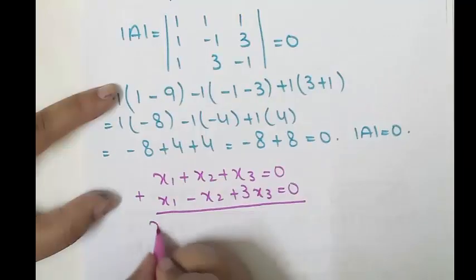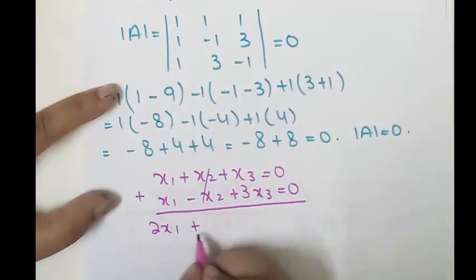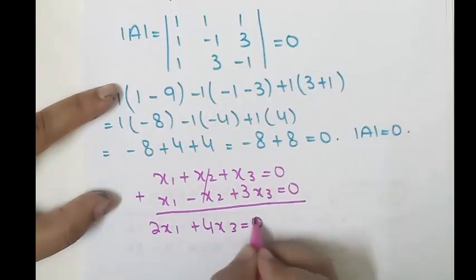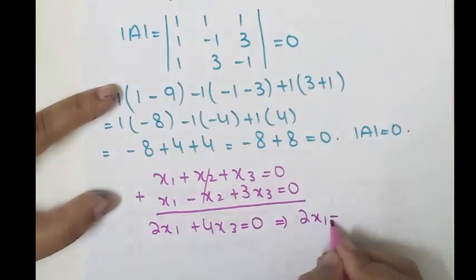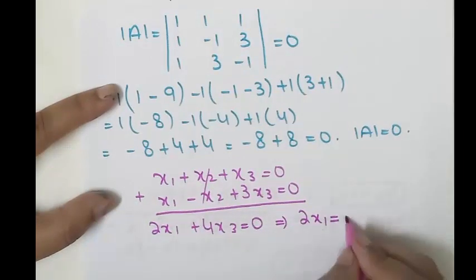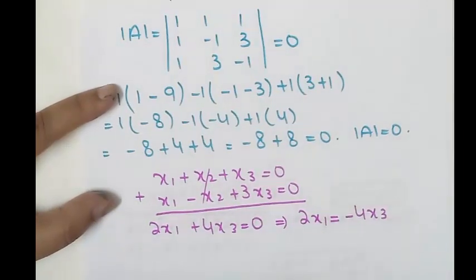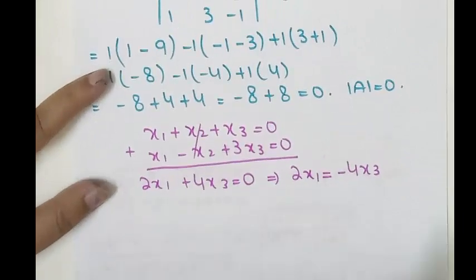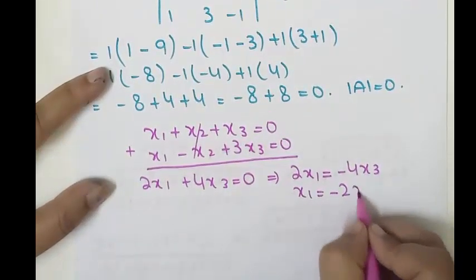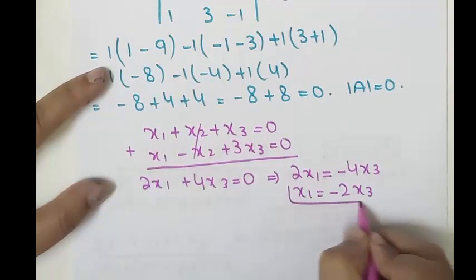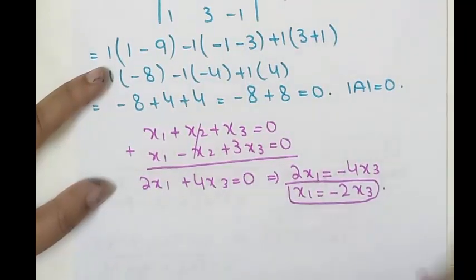Adding them, we have 2x1 plus 4x3 is equal to 0, which implies 2x1 is equal to, taking 4x3 to the other side of the equality, its sign will invert. 2 times 2 is 4. So we have x1 is equal to minus 2x3.